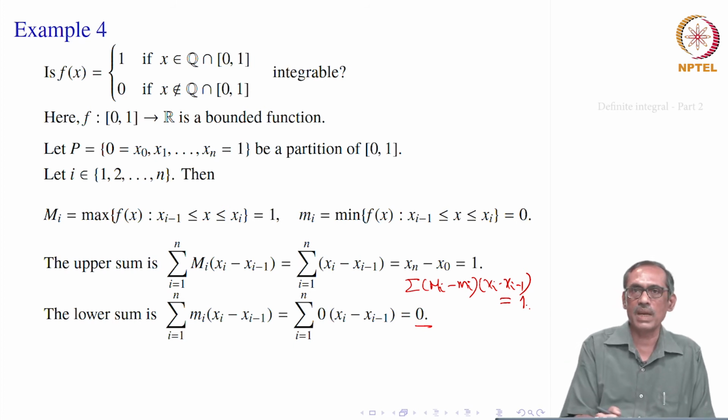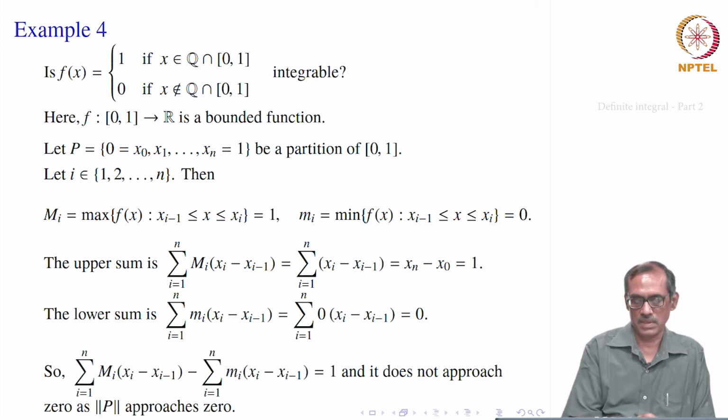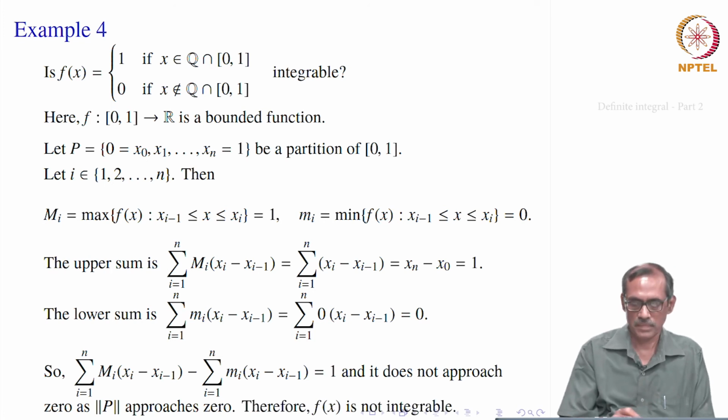Then in the limit it will never go to 0 because it is 1 everywhere, therefore, it is not integrable, as the norm of P approaches 0. Whatever partition P you choose, it does not matter. So, here is one function which is really not integrable, we cannot find some F such that F prime will be equal to this. That is the basic idea, but we will come to it.